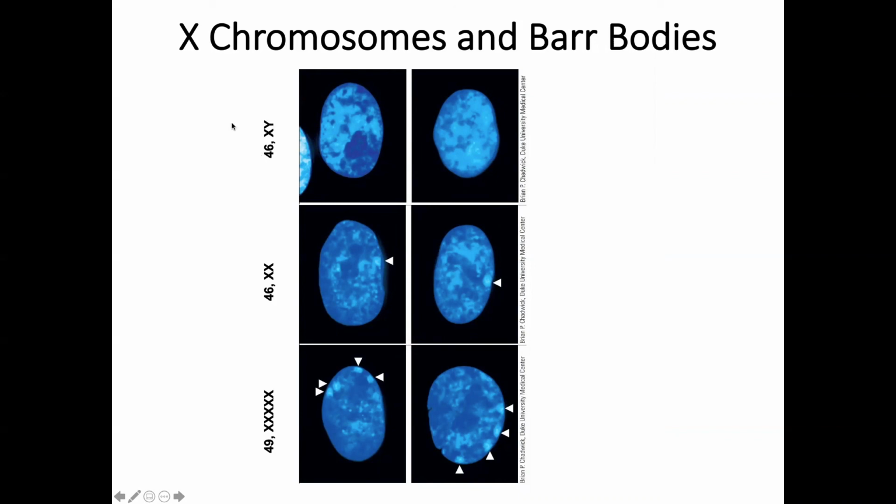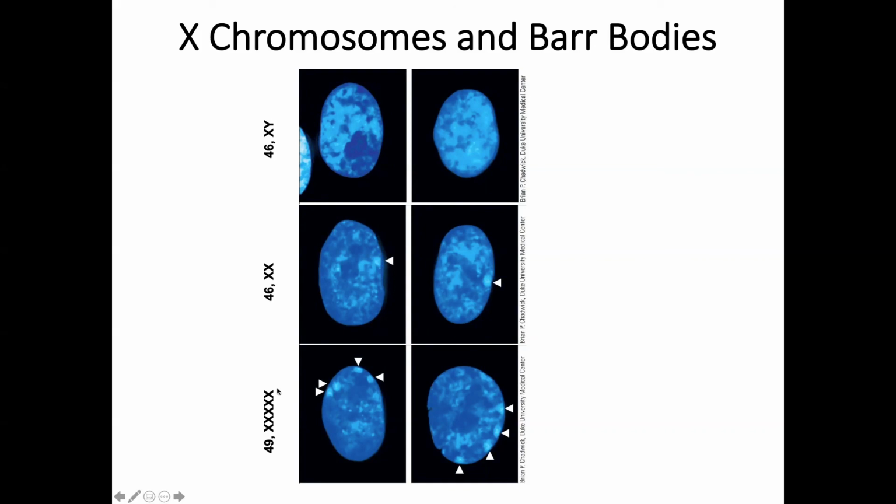They have no inactive X chromosomes, no bar bodies. And the picture here shows XX females, who have one inactivated X chromosome and therefore one bar body, showing as concentrated staining near the nuclear envelope. This is the bar body.